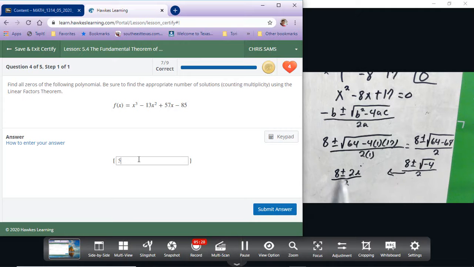Both these numbers are divisible by 2, so we will do that and get 4 plus or minus i. So our final answer is 4 plus i and 4 minus i. Those are our two other zeros. So 4 plus i, and then 4 minus i.